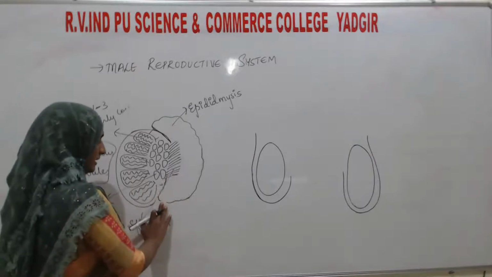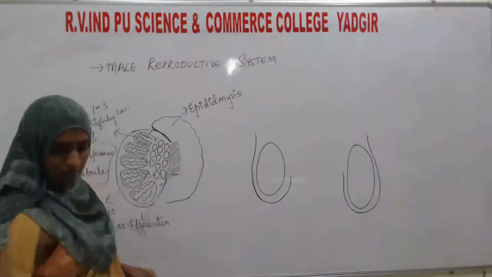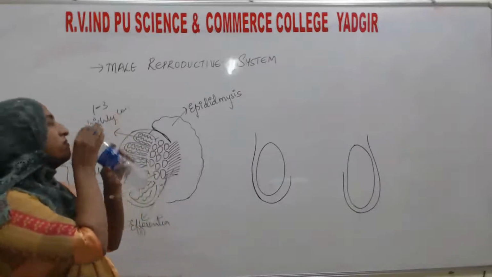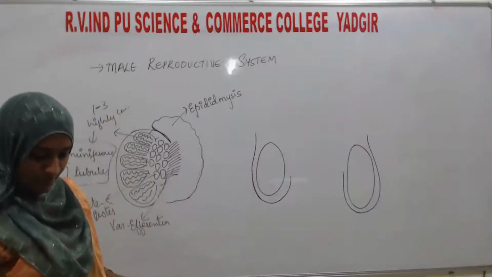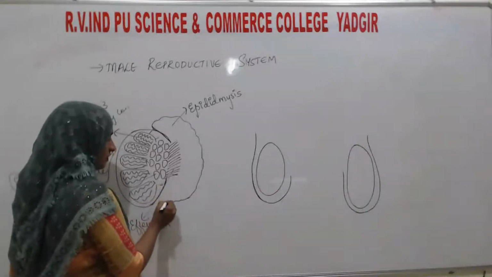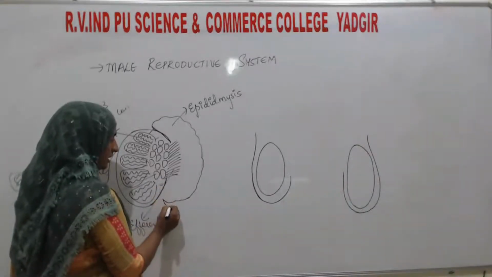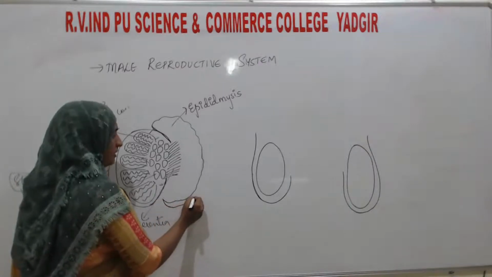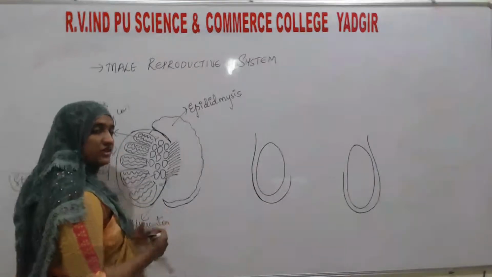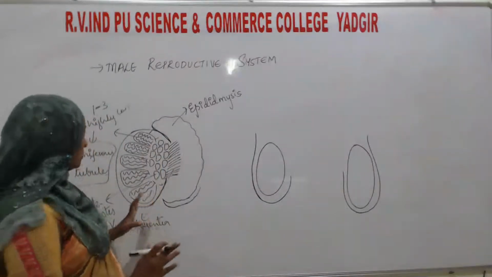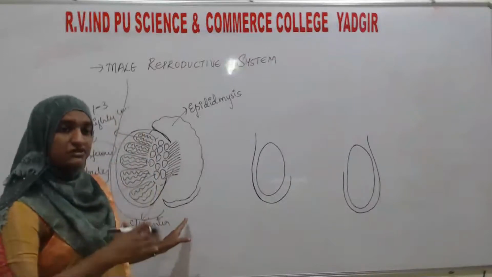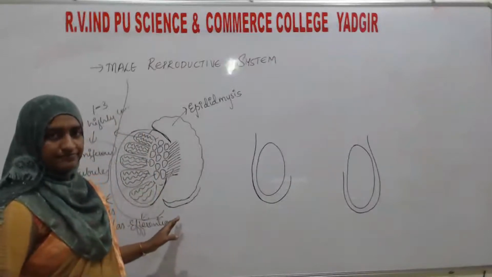From the anterior part, one tube is going to arise. That tube runs towards the upper part, or towards the abdominal cavity. As you know, this testis is located in the scrotal sac, which is outside the abdominal cavity.